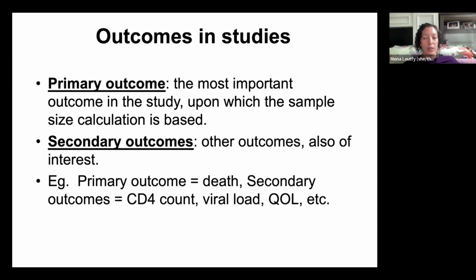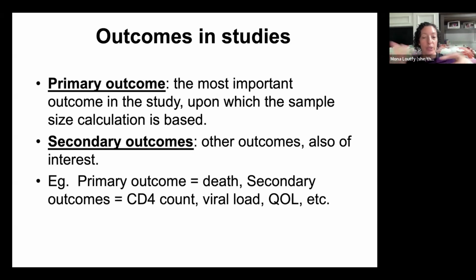And when you come up with your research question and your research project, it's often difficult to choose one outcome, because we're conceptually interested in so many different things. Is it health outcome that I'm interested in? Is it quality of life that I'm interested in? Or is it health access that I'm interested in?